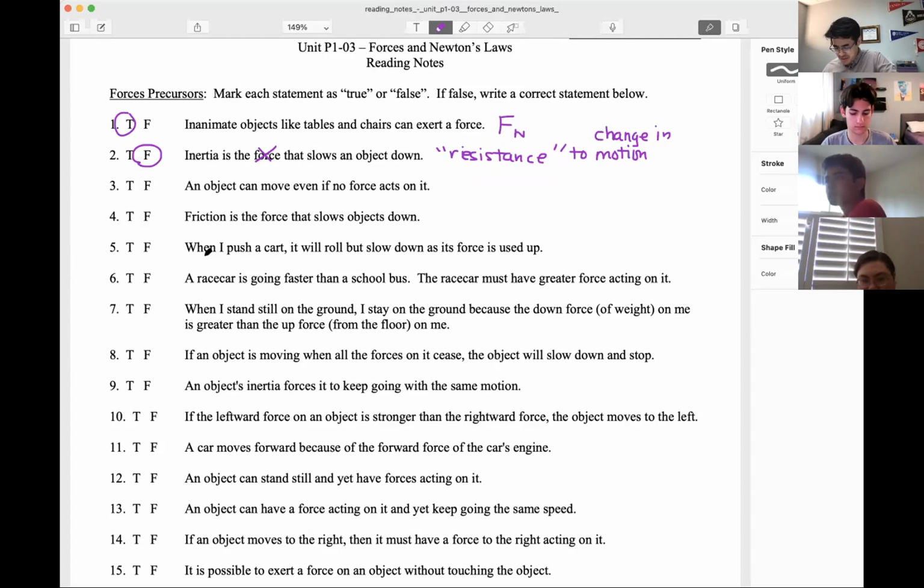False. Wait, true. No, it's true. So here's the confusing idea in a lot of these physics questions. Maybe something pushed it like 5 minutes ago, right? So there was a force applied to it at one point, but once that force is removed, there's no force acting on that object, right? If I launch something into space, if anybody watched Gravity, right? Sandra Bullock's just kind of spinning in space, even though no force is acting on her.